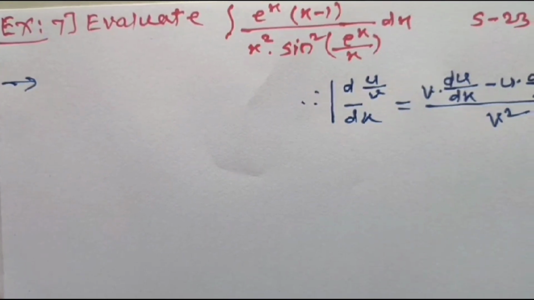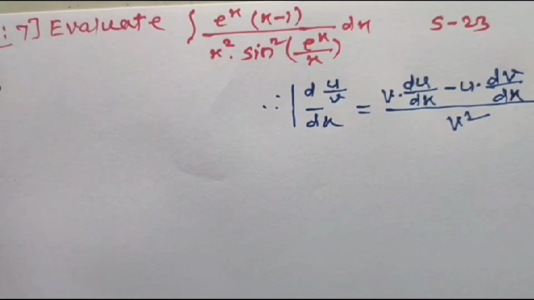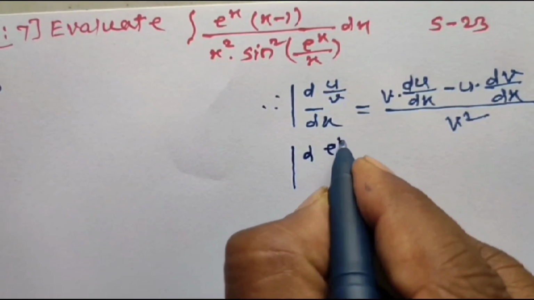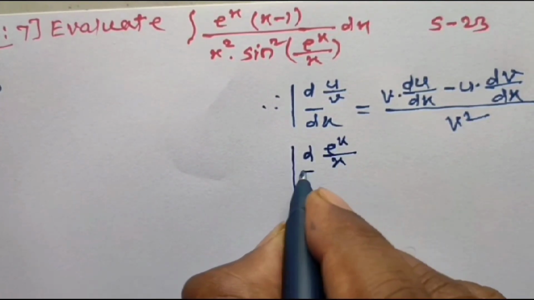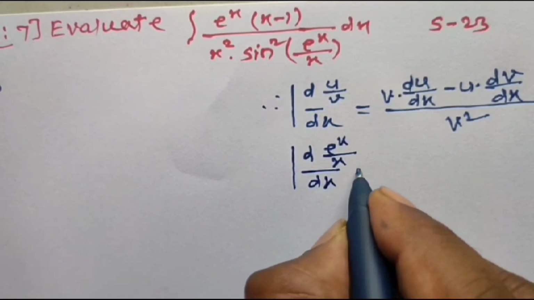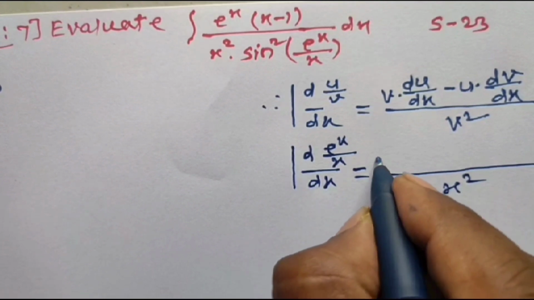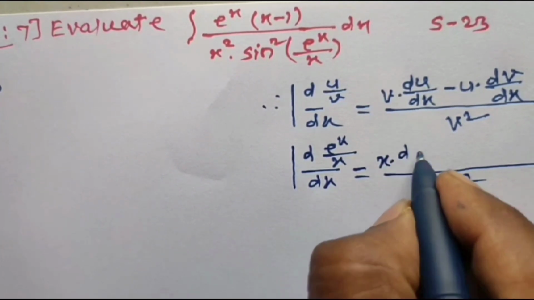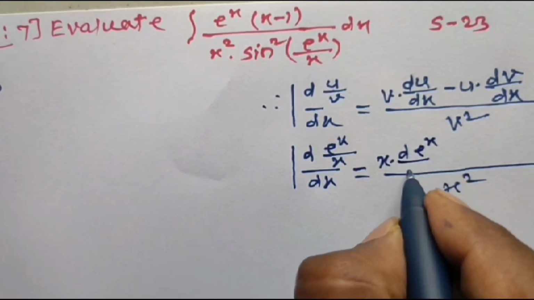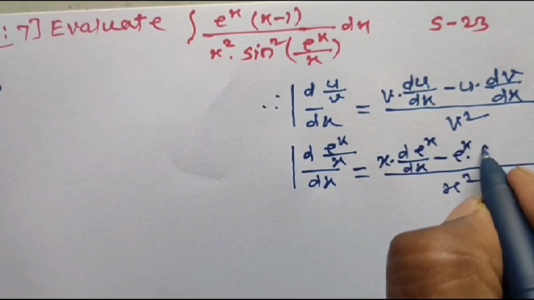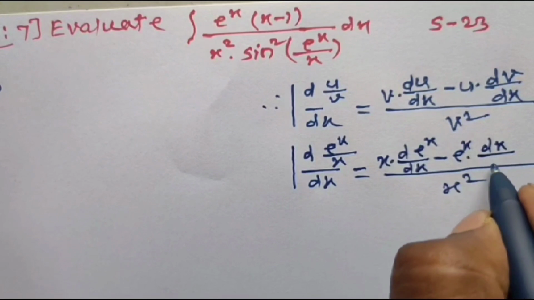Using this formula for the derivative of u upon v, we can write the derivative of e to the power x upon x with respect to x as denominator square, that is x square, denominator as it is, derivative of numerator with respect to x, minus numerator as it is, derivative of denominator with respect to x.